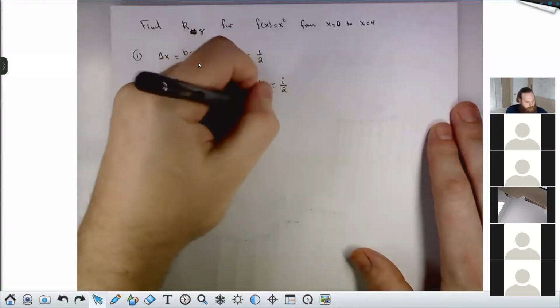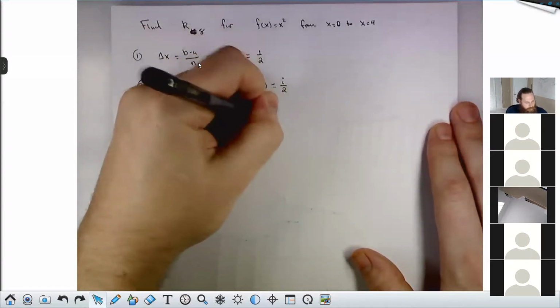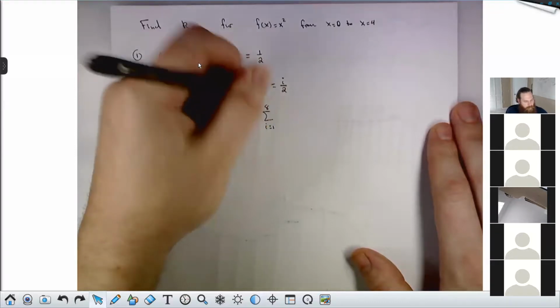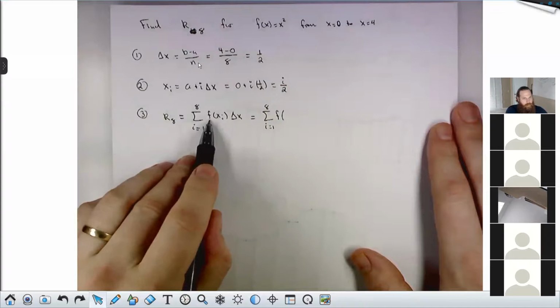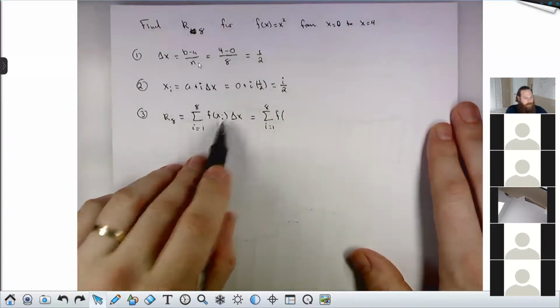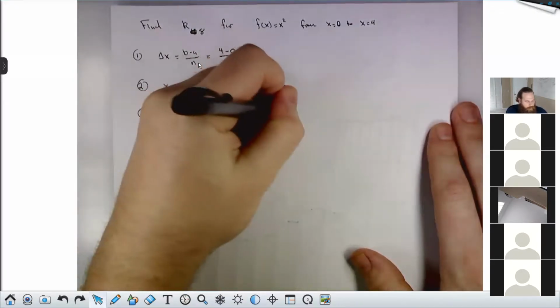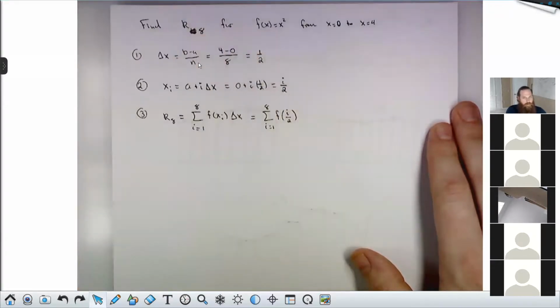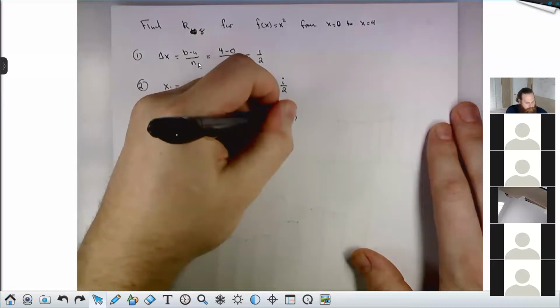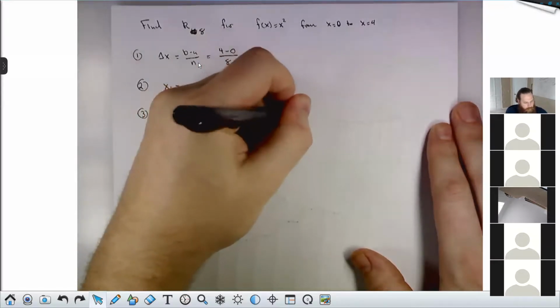So now let's start plugging in. That's the sum from i equals 1 to 8. What is xi? The thing inside of f here. xi is i over 2. And what is delta x? Delta x is 1/2.